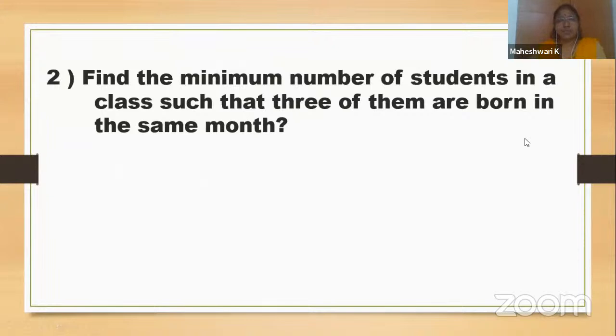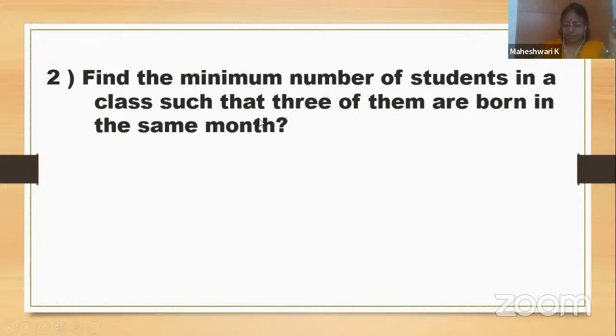The minimum number of students in a class such that 3 of them are born in the same month. Here we need to identify what is given, what we should consider as k and n, and what we actually need to find. Here it is same month and 3 of them.